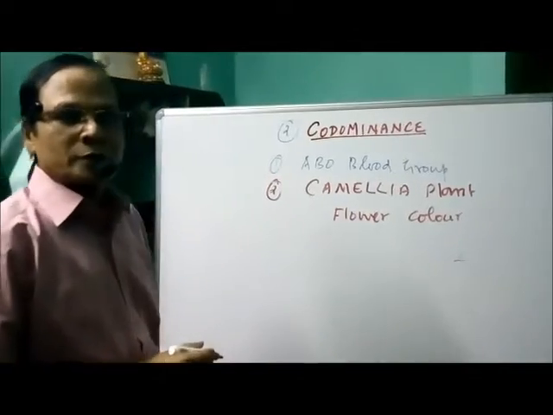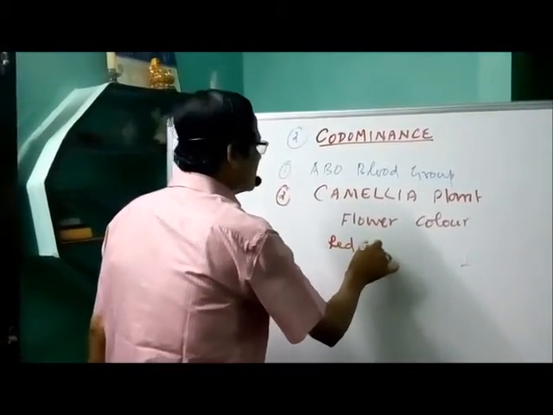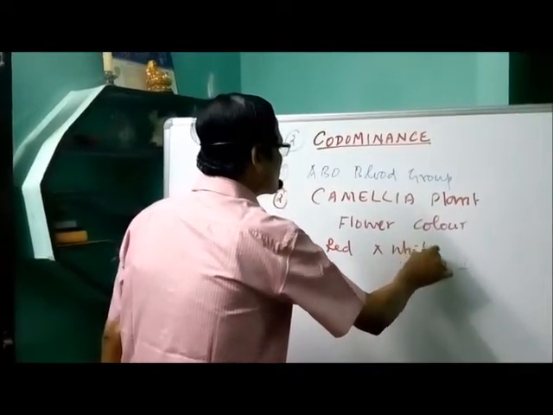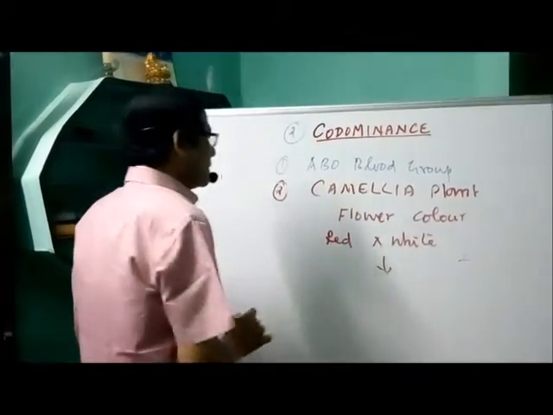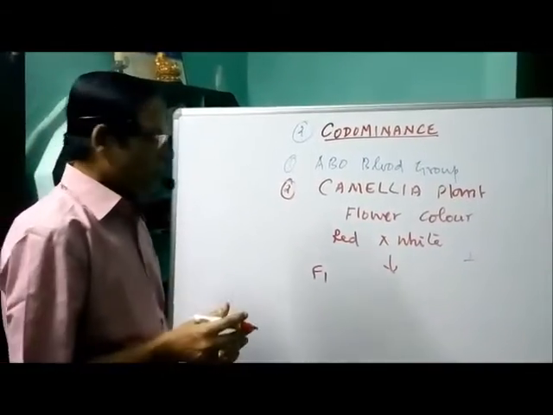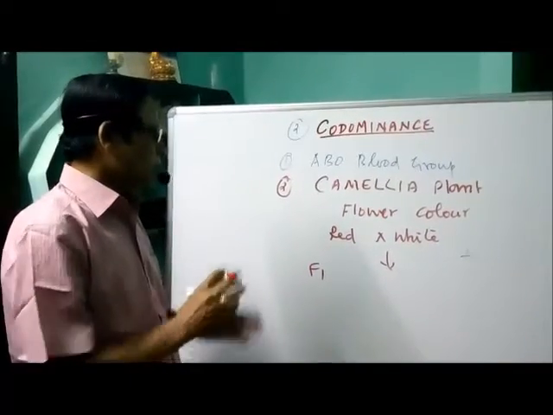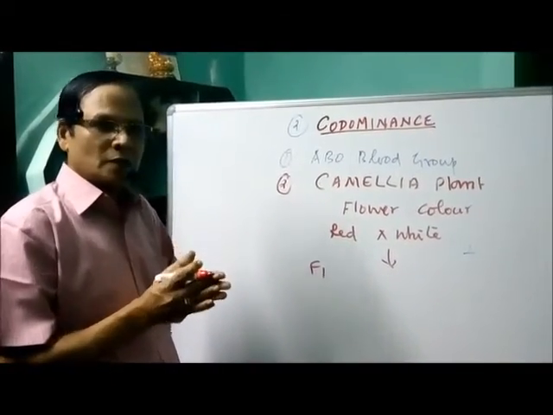We have two types of flower color, the red variety and the white. Now, in the F1 generation, there is no blending. No intermediate color is formed, and both the colors are expressed equally.